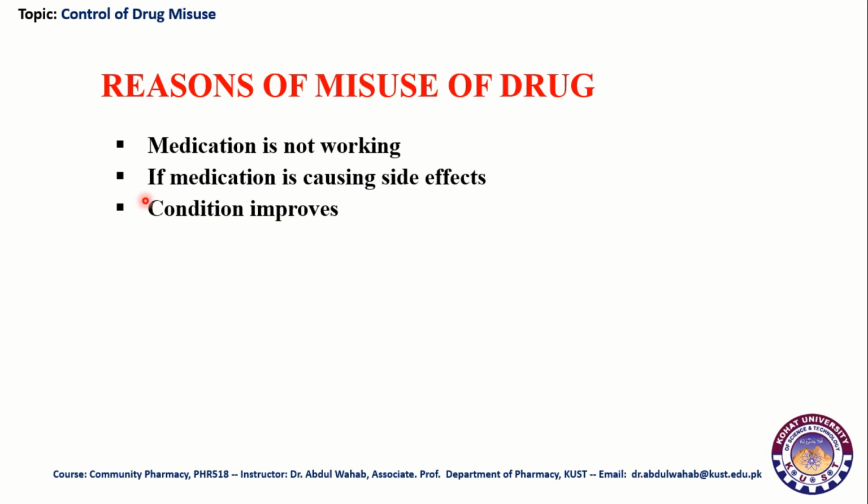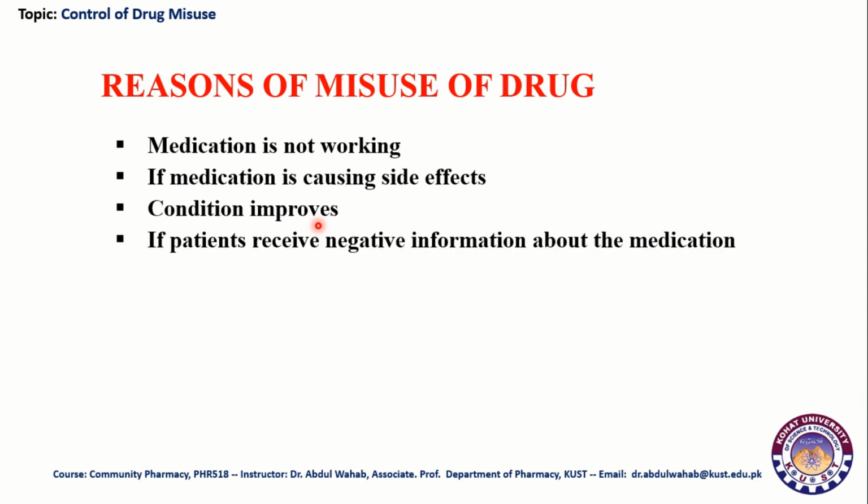Similarly, if a patient is taking medicine and his or her condition improves, it is also a reason of misuse of drug. Similarly, if patients receive negative information about the medication, it will also cause misuse of drug.